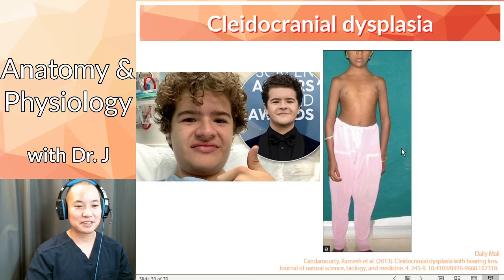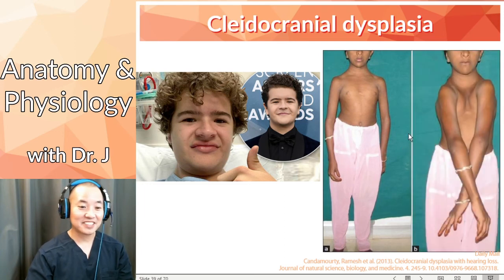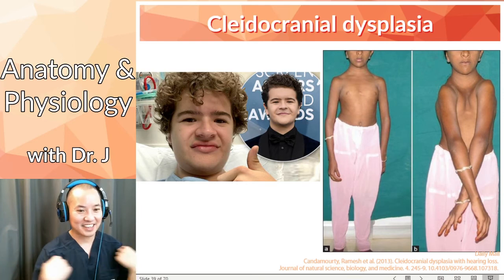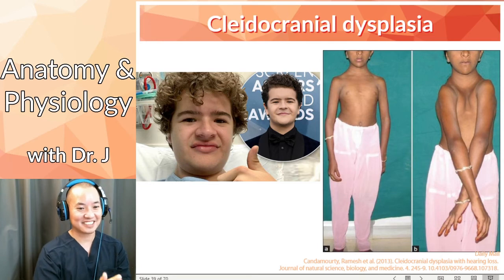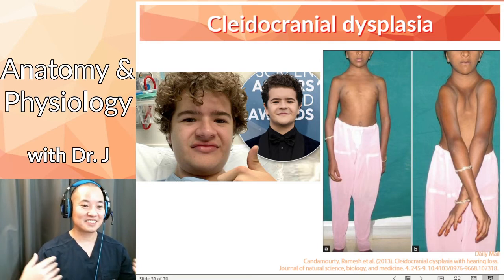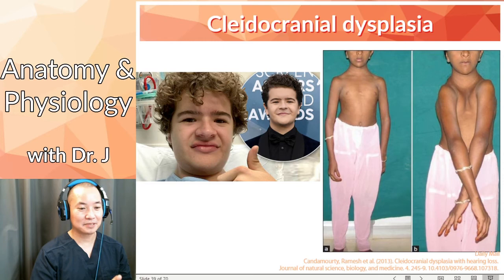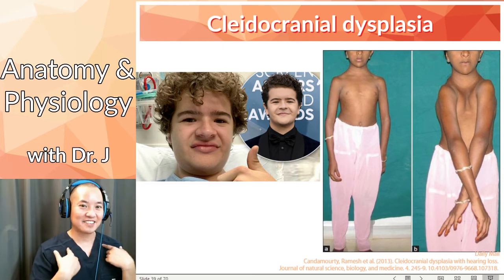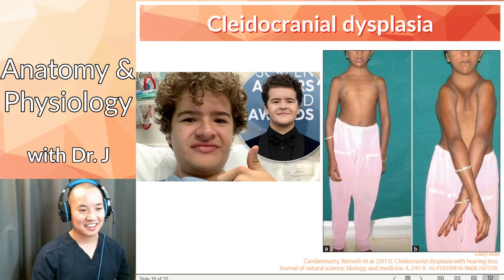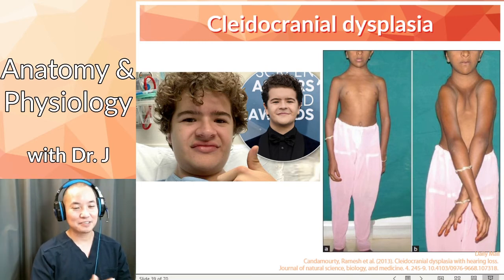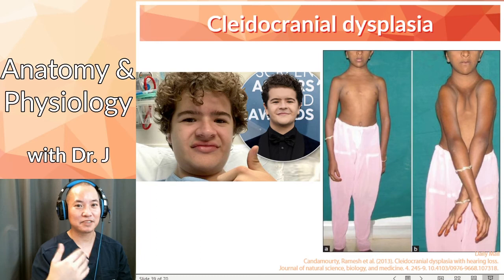Most of us can't do this, adduct our shoulders together toward the anterior like this. If you don't have that clavicle holding you back, you're able to touch your shoulders together like that. So this is why it's called cleidocranial dysplasia. You don't have complete formation of some of your skull bones and also your clavicle.